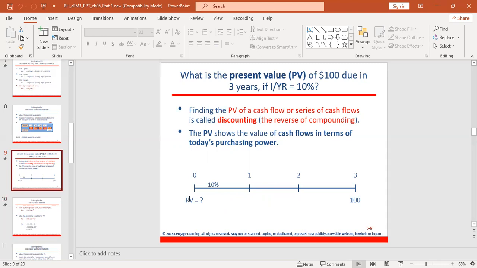Now, if I ask you, will you prefer to collect 75 today, or wait 3 years to collect 100? Even though the 100 looks big in terms of numbers, you may be surprised that the 75 today can buy you more things today. Because after 3 years, inflation will have increased the prices of products.